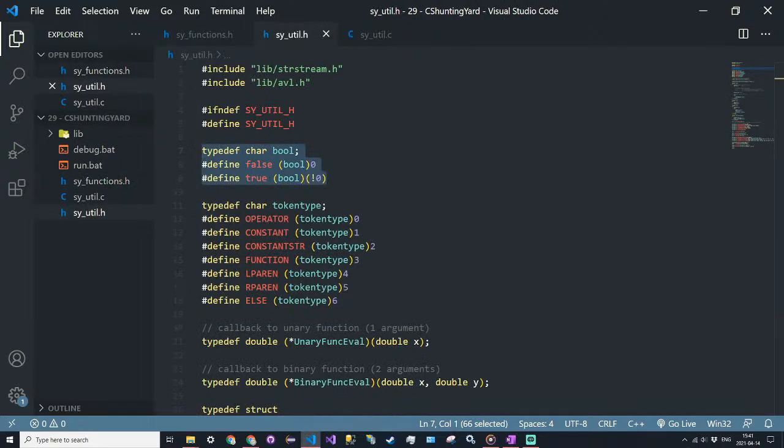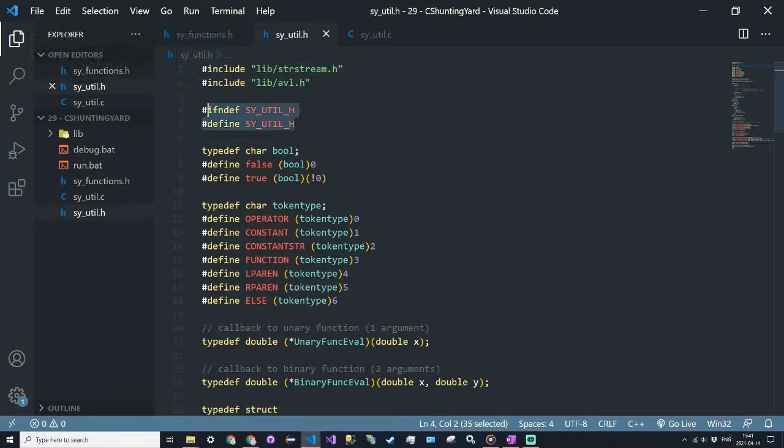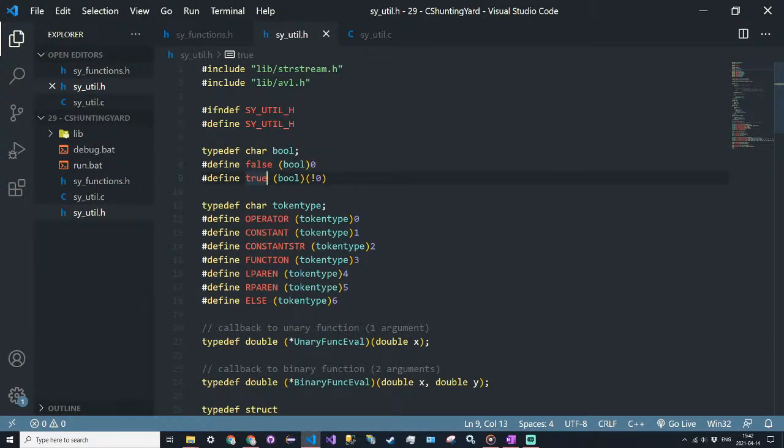Now as for the other two files, there's going to be an syutil.h and an syutil.c. In the header file, we start with some includes, just the string stream and the AVL. We will need those for arguments. Then we have our macros, and then we also have definitions for two types. The first one is a Boolean, which we have seen before, where false is 0 and true is not 0. We use a typedef to convert a character to a Boolean.